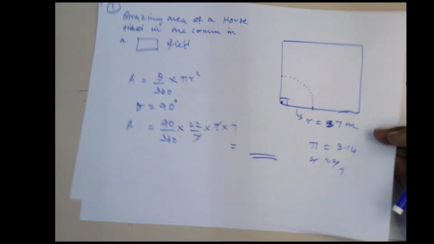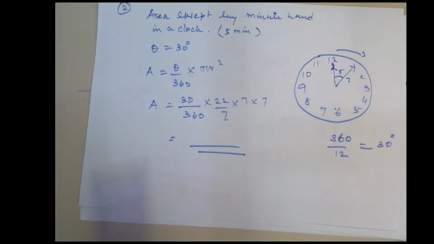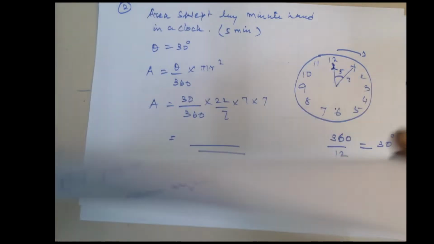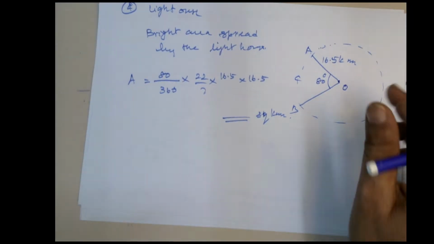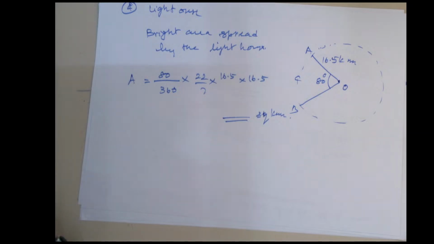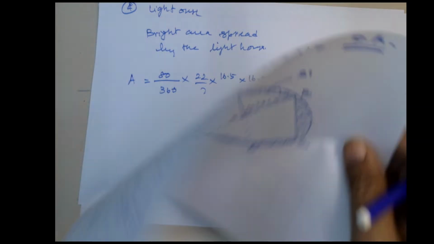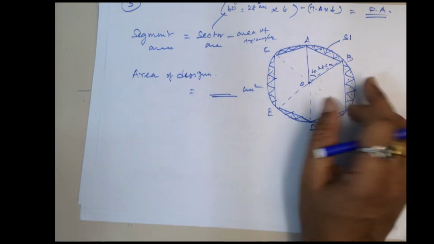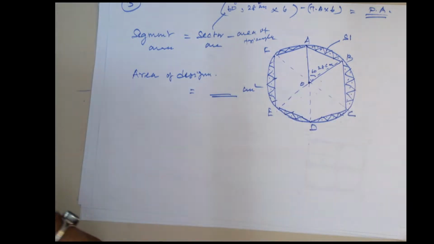That is, this is a grazing area by the horse, and this one is the area swept by the minute hand, and this one is the area wiped by the wiper blade. Then we discussed the bright area spread by the lighthouse, and then the area of combined surfaces, combined shapes, where we discussed the pattern between the circle and the hexagon.